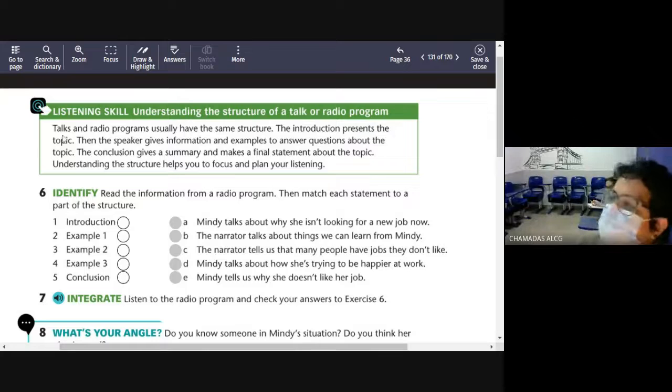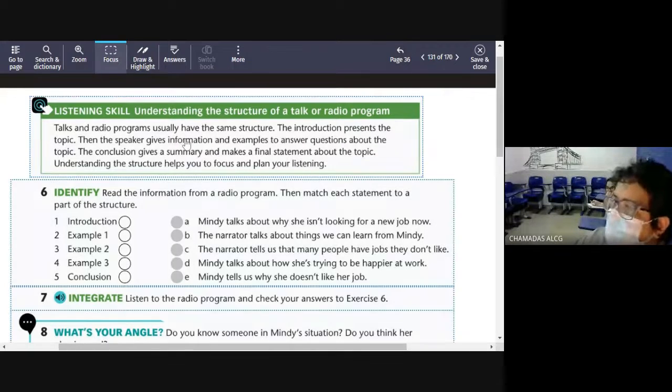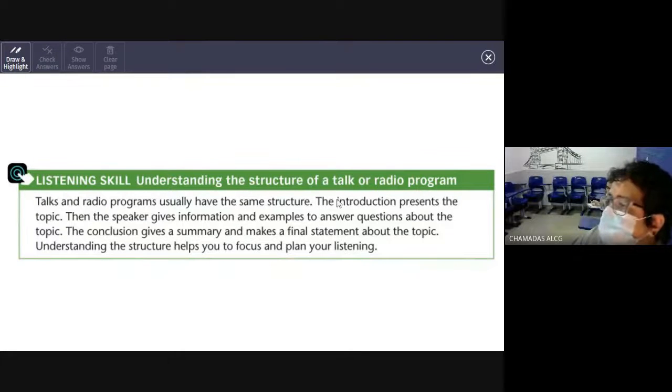So talks and radio programs usually have the same structure. The introduction, let me focus on that, okay? The introduction presents the topic. Then the speaker gives information and examples to answer questions about the topic.